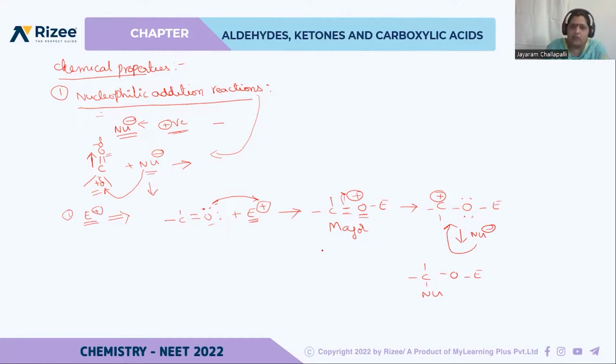In this case also, the product is the same, but not directly, but through electrophile attack first, next by the attack of the nucleophile. In this type also, addition will occur, but this is a minor product when compared to nucleophilic addition. Electrophilic addition is a minor one.